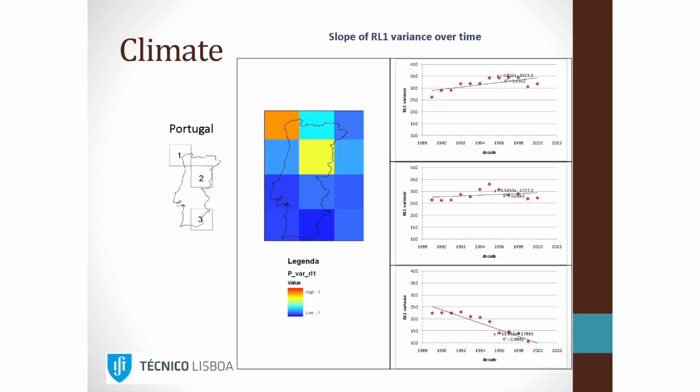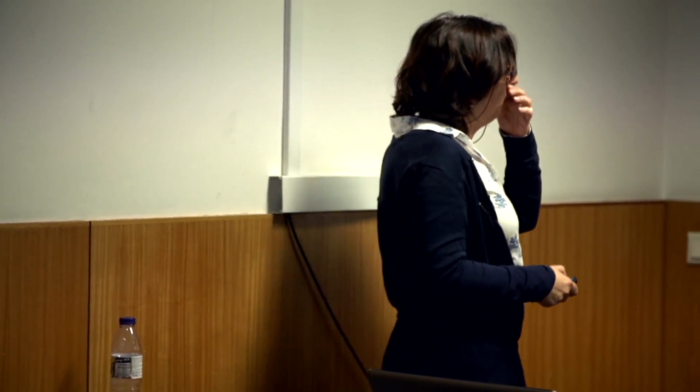But the variance over time gives us an idea of how this dryness is changing over time. In Portugal, I don't know if you know, we have in the south an area of high desertification, more arid, and also here in the north of the country. So the semi-arid of Portugal is located here and here.